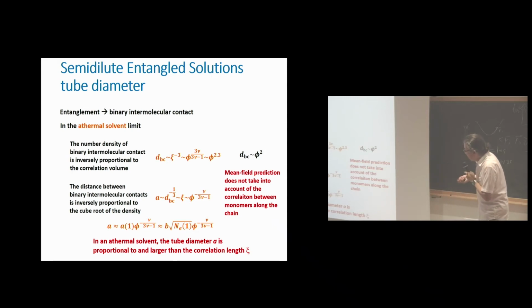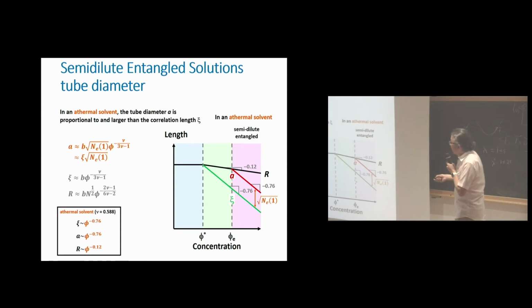Anyway, the important thing is that in an athermal solvent, this tube diameter is proportional to the correlation length ξ, and there is a factor of the root of N_e, the number of monomers in an entanglement strand. This is the relation for an athermal solvent. We know the concentration dependence of ξ and chain size R also, so we can extend this schematic of the length as a function of concentration to the semi-dilute entangled regime.